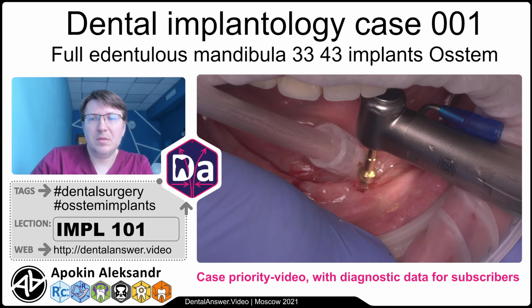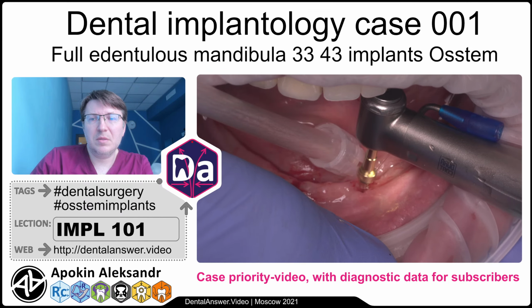Yes, because there is a very small amount of bone in this mental area, a very huge atrophy process in the whole alveolar ridge of the mandible. The second drilling, only the cortical pilot drill.